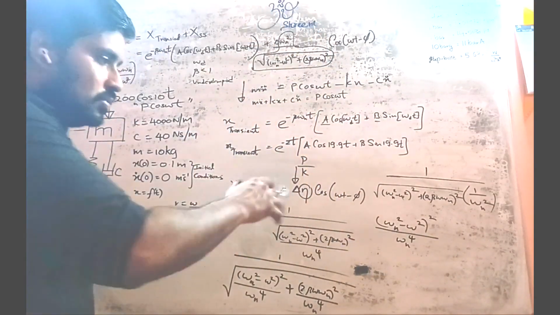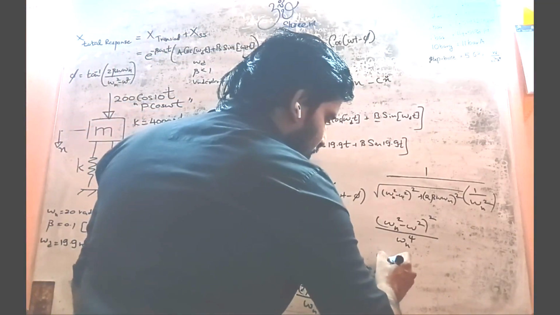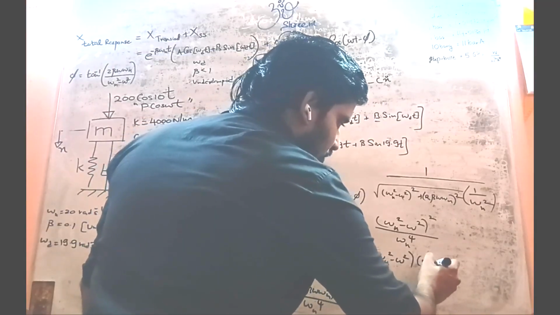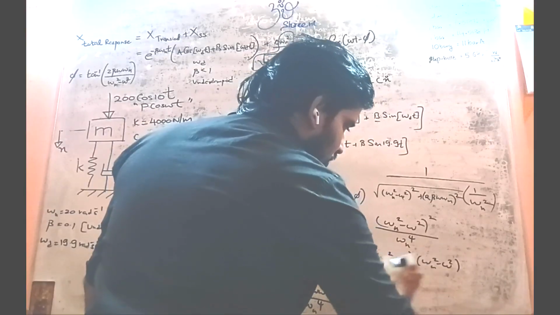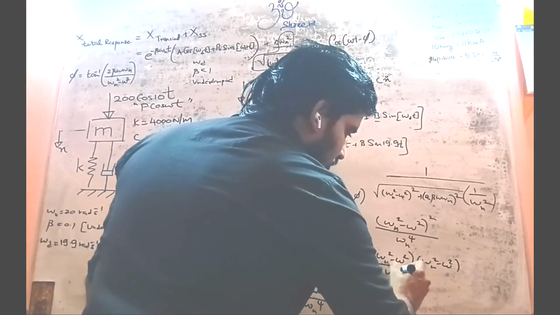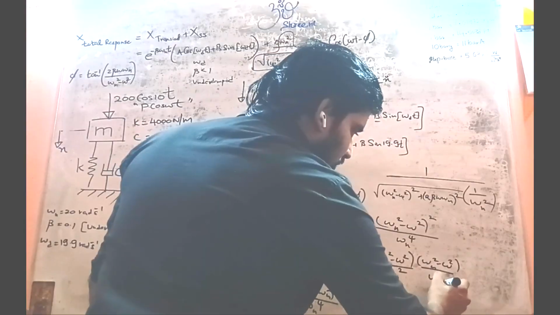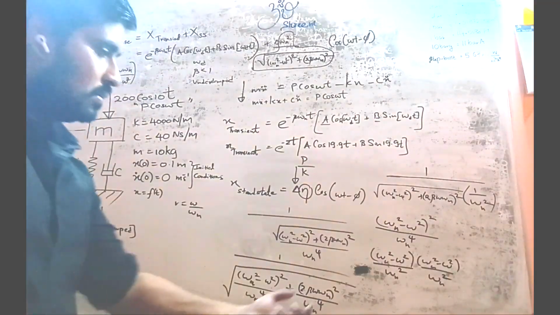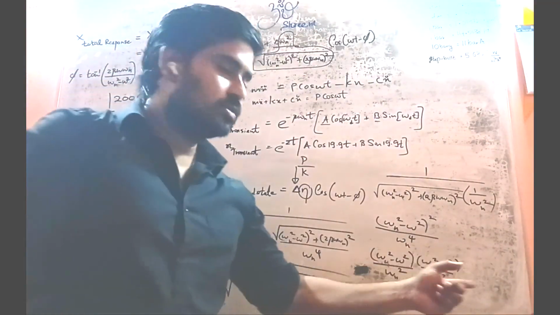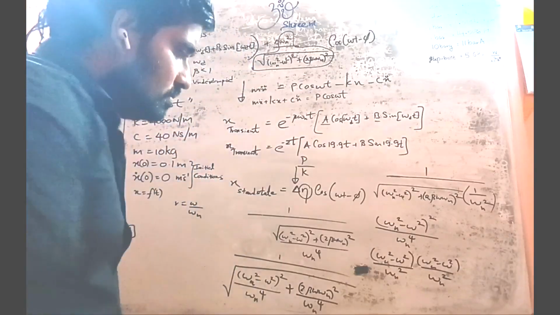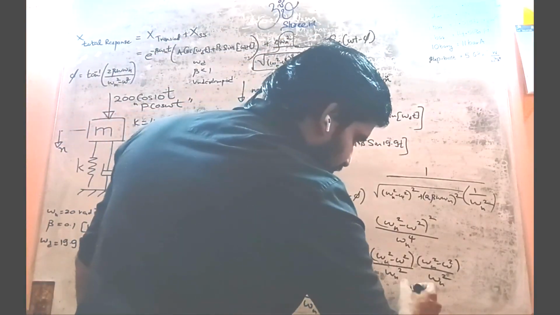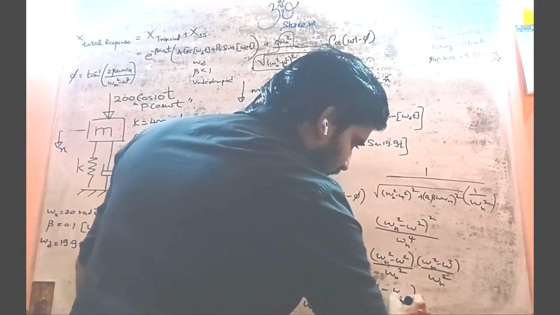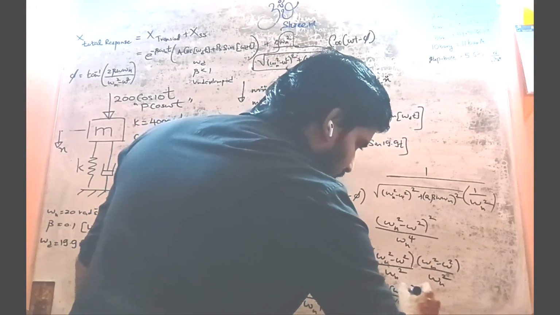This one I can write by breaking it into omega n squared times omega n squared. Now this part will become 1 minus omega divided by omega n whole thing squared. Is that clear?